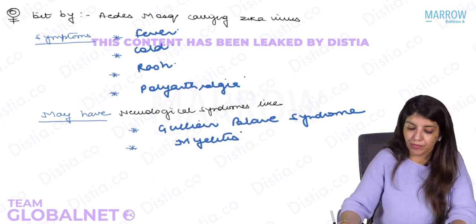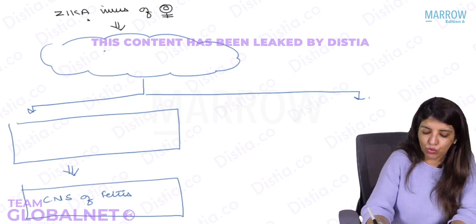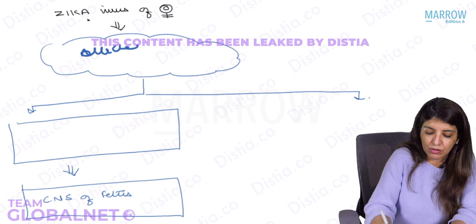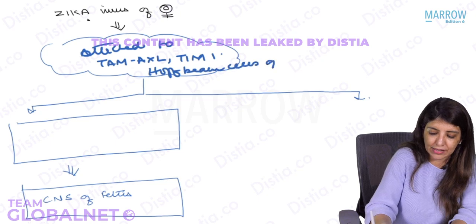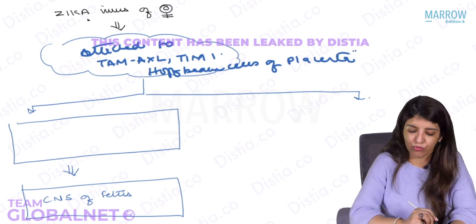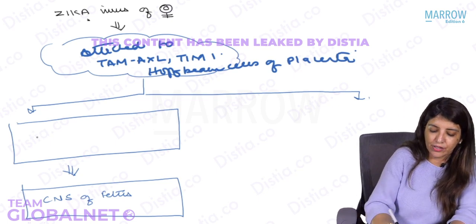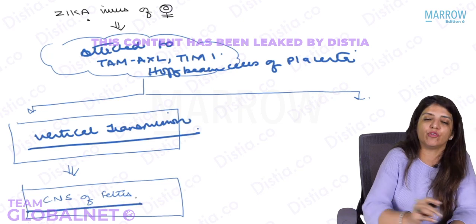Right? Now, in pregnant females, this Zika virus gets attached to the TAM-AXL receptors and TIM1 receptors, which are also present on the Hofbauer cells of the placenta. From there, vertical transmission occurs and it reaches the CNS of the fetus.